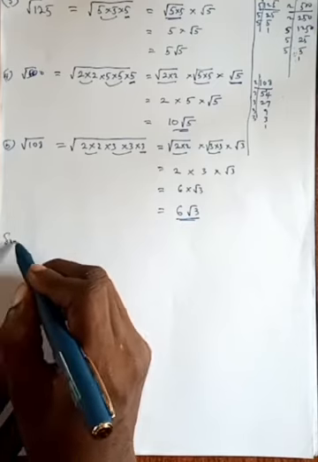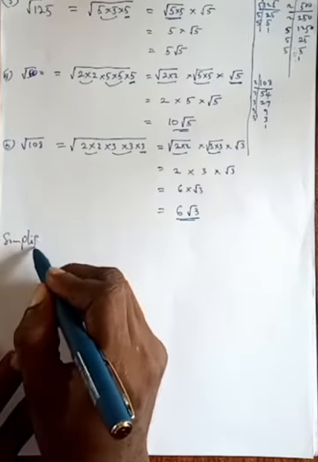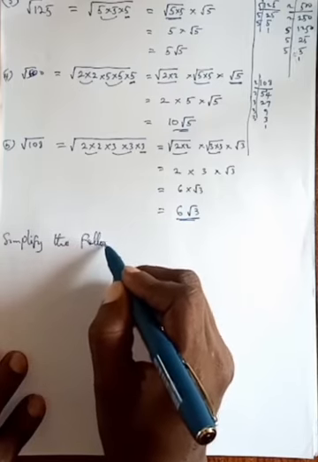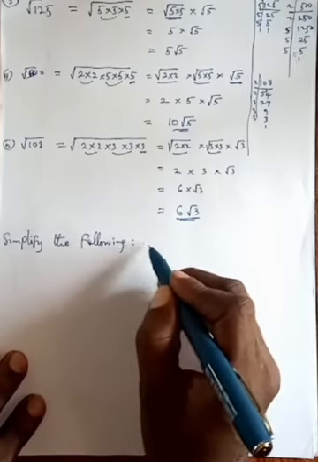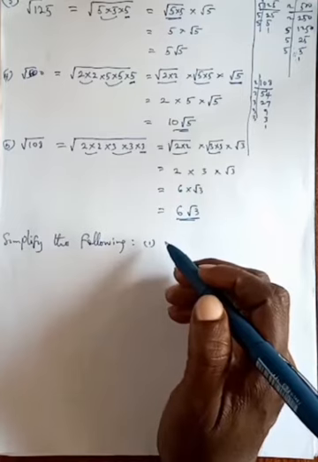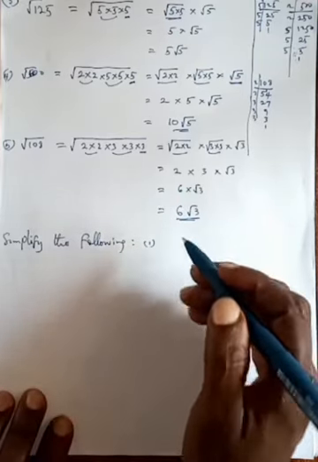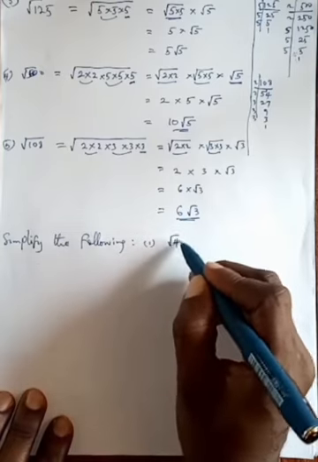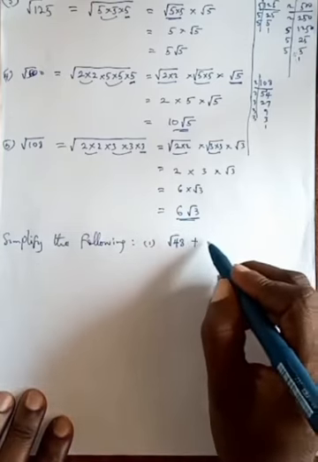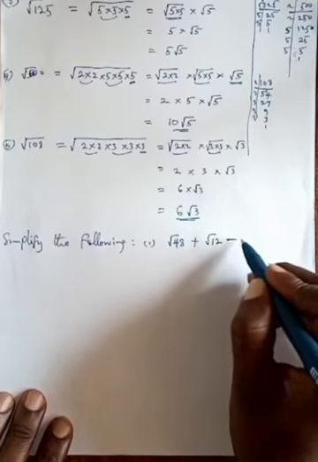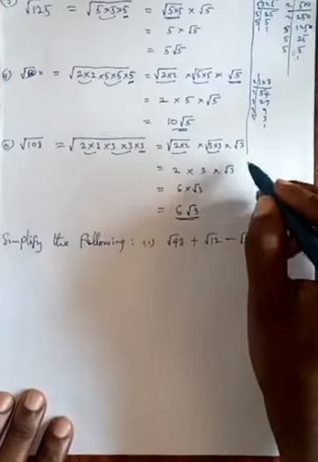Now simplify the following. Number 1: root 48 plus root 12 minus root 75.